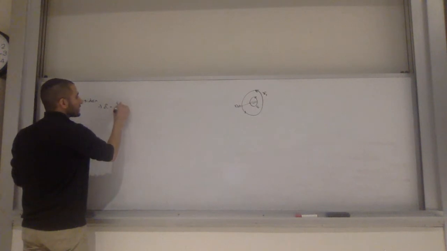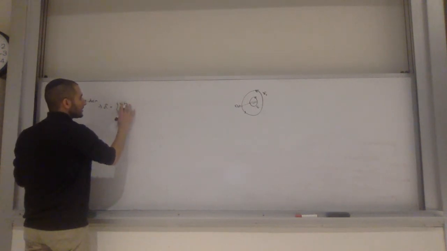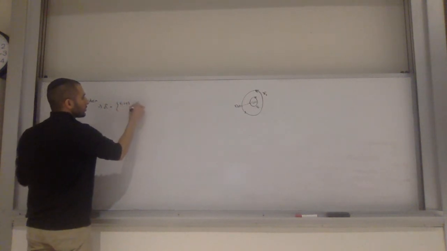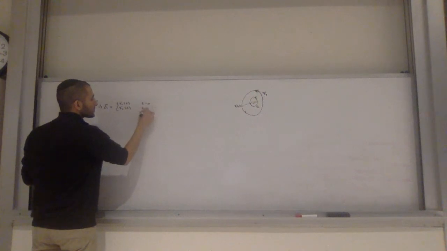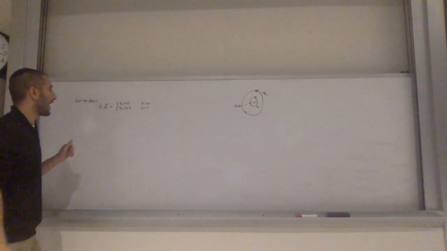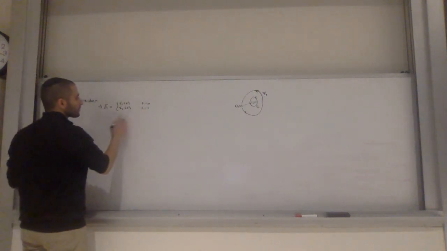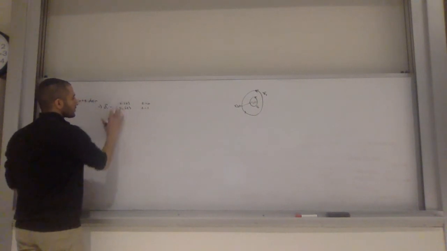So what is it? It's equal to gamma 1 of t when t equals 0. It's equal to gamma 2 of t when t equals 1. And let me make this larger.